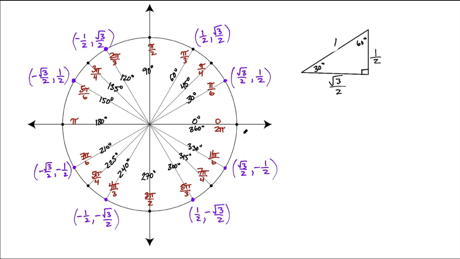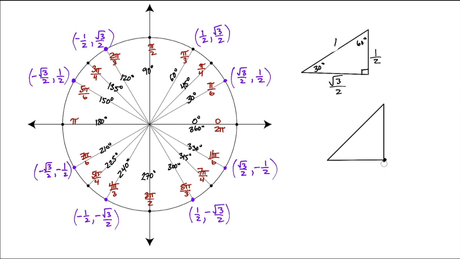Now that was all with the 30, 60, 90 special triangle. But we also have a 45, 45, 90 triangle. So that is this triangle here.